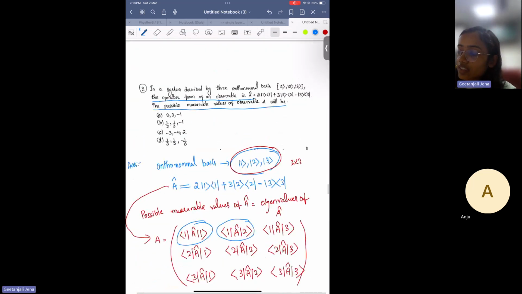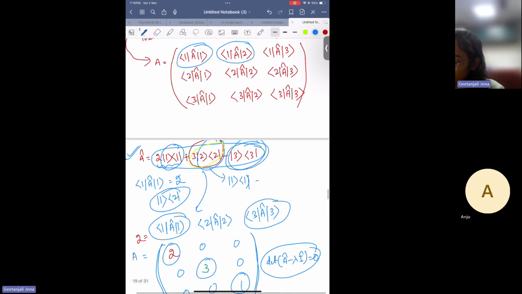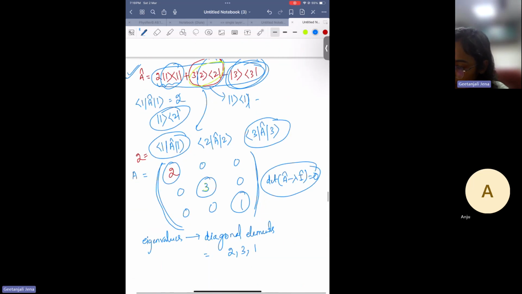Oh, sorry, there is a -1 here, right? If you take <3|A|3>, this will be -1, because there is a minus sign. So the diagonal elements are 2, 3, -1.